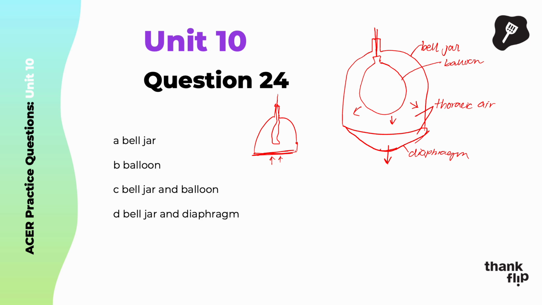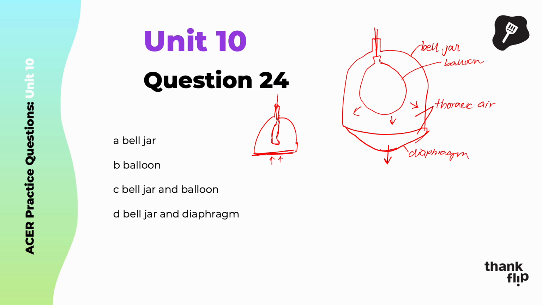But if you think about your thoracic cage, your ribs, you have your lungs sitting inside of it, and the lung itself is the organ that is expanding and collapsing, right? It's getting filled with air and then deflated as well. And the balloon is what matches this the most.